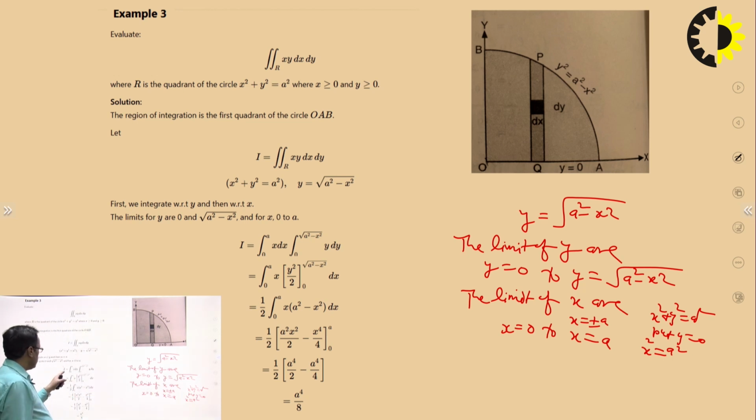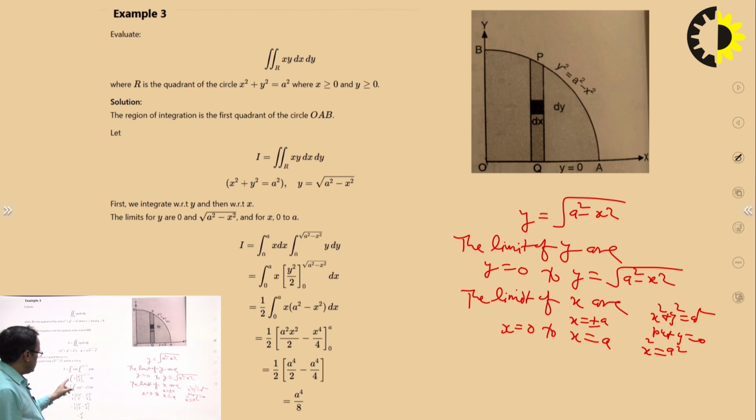Finally, the value of this integral, denoted by I, is I equal to the integral from 0 to a of x dx, and from 0 to under root a square minus x square of y dy. Since the limit is in terms of x, first we integrate with respect to y, taking x constant. From 0 to a of x dx as constant, first we integrate y dy.